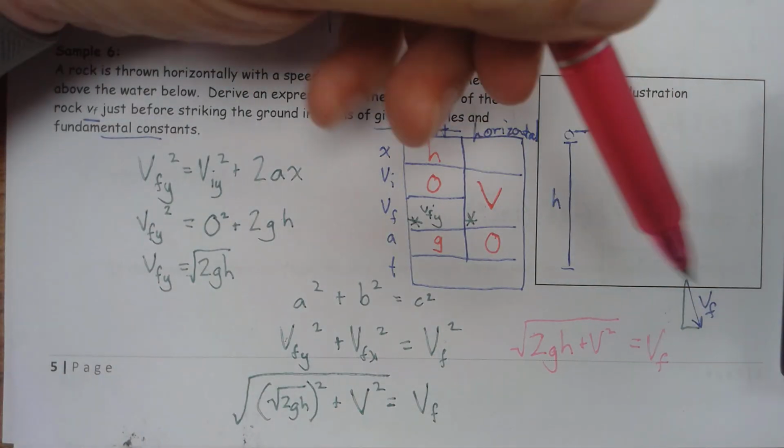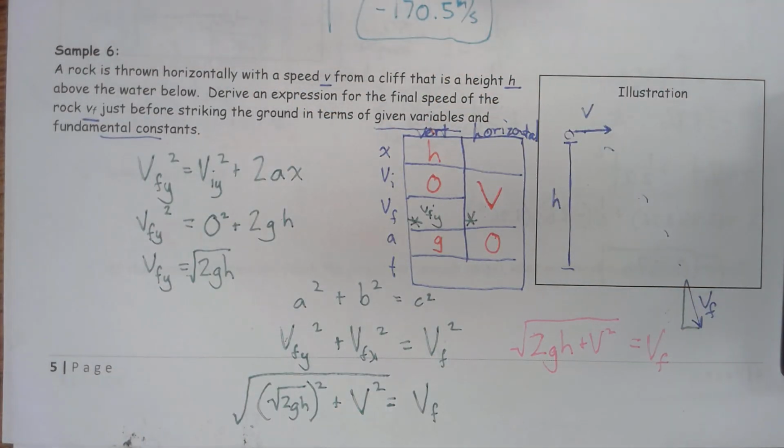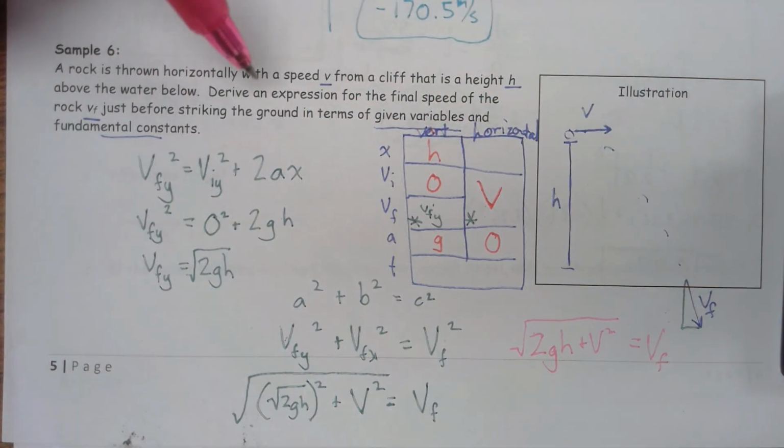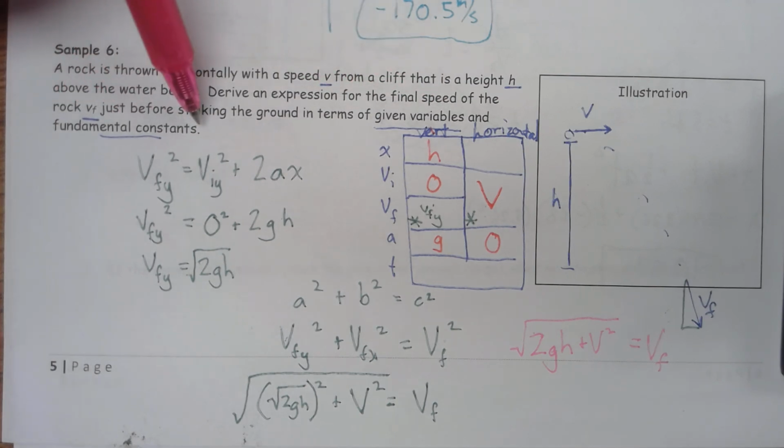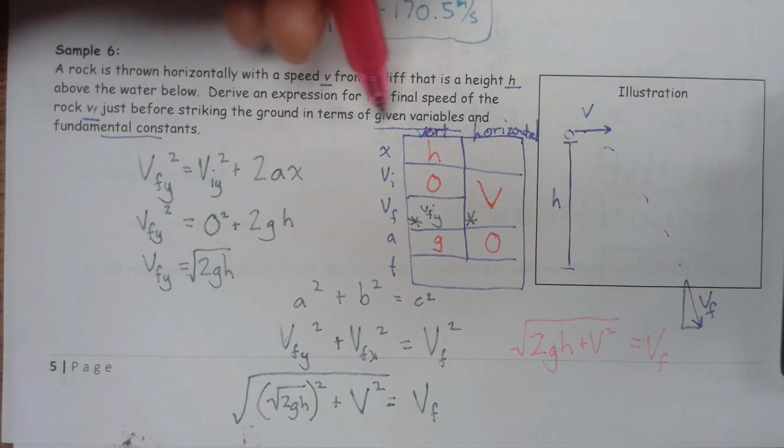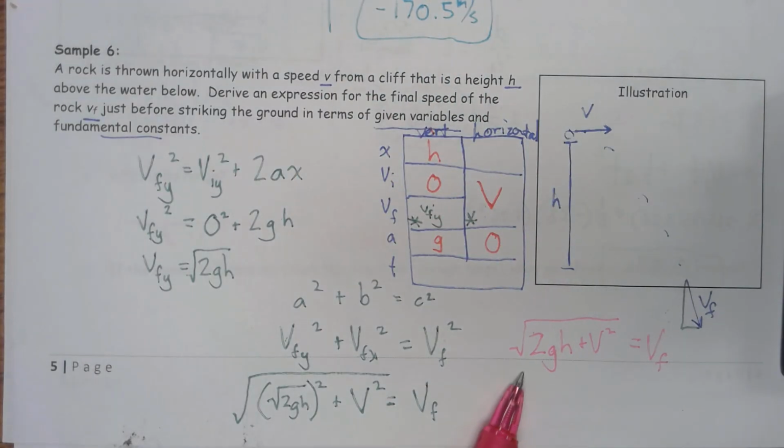Does this work according to our rules? It says, derive an expression for the final speed of the rock, VF, just before striking the ground in terms of the given variables and fundamental constants. So 2, well, that's a fundamental constant. That's a given variable. That's a given variable.